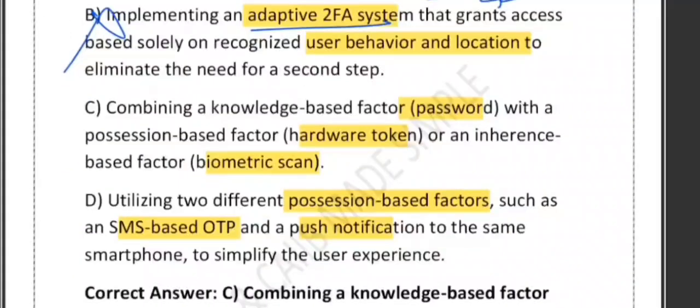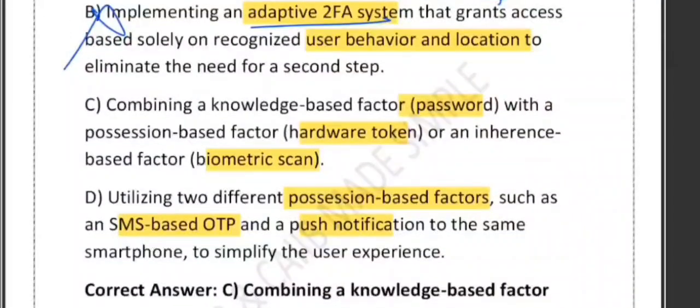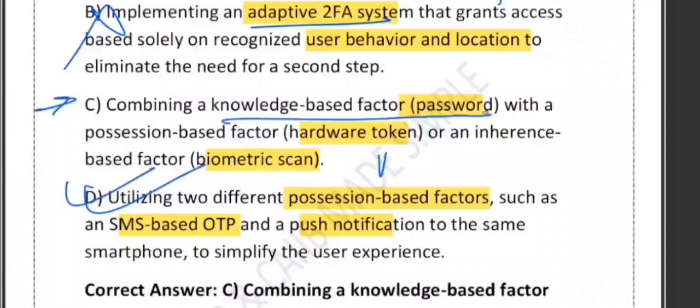What about C? C says a password plus hardware token plus biometric scan. Yes, exactly, this is the correct one. It combines a knowledge-based factor, that is a password, with a possession-based factor, meaning a hardware token, and an inherence-based factor, which is biometric.